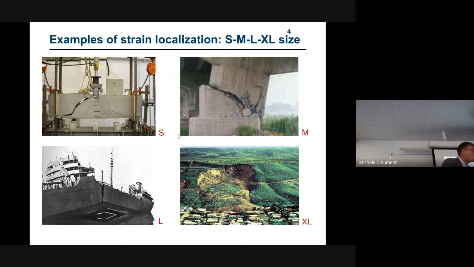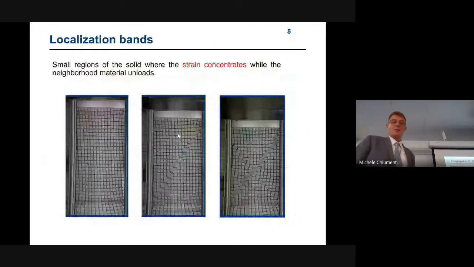This is also mode 2 strain localization. And so completely different scales, from centimeters to kilometers. And as you will see later on, the same material behavior shows a different structural behavior according to the scale. This is called size effect, and I'll show you later on.